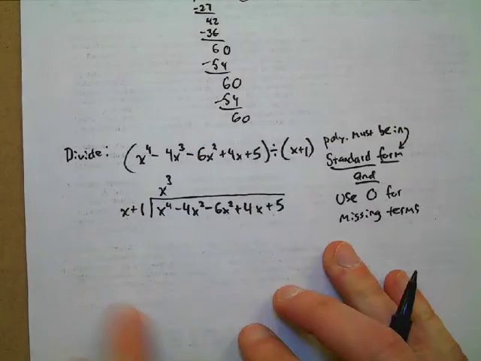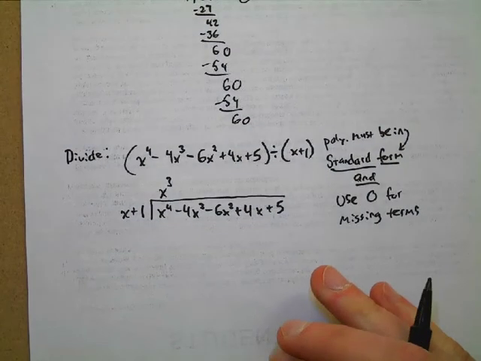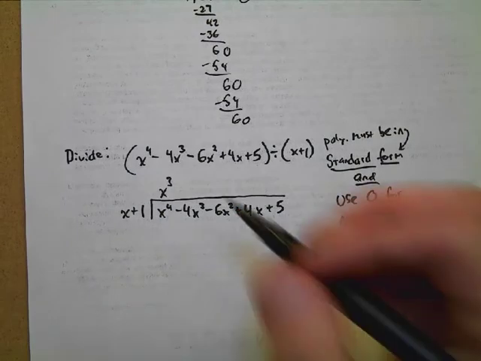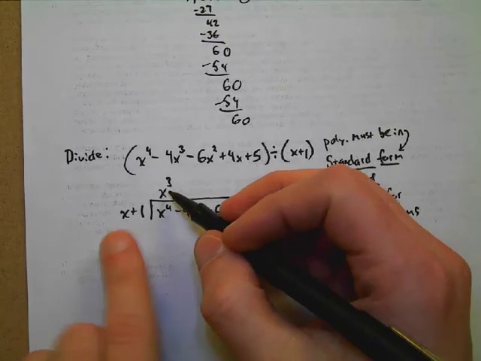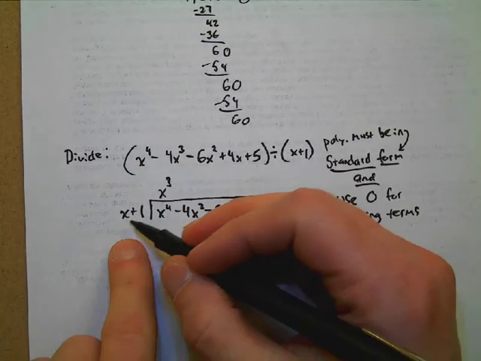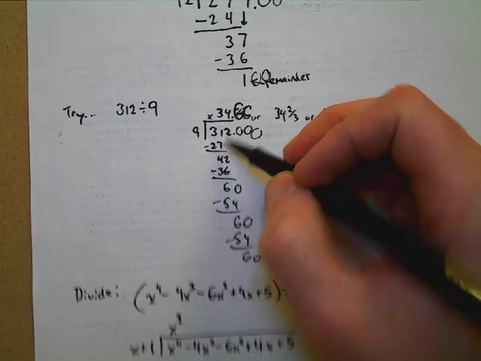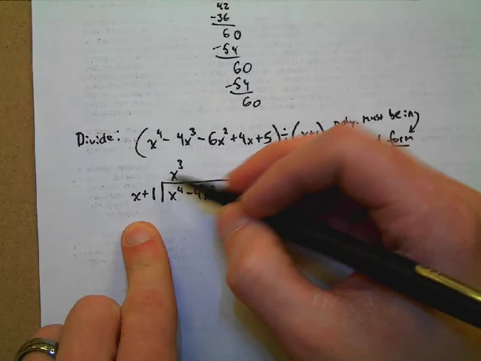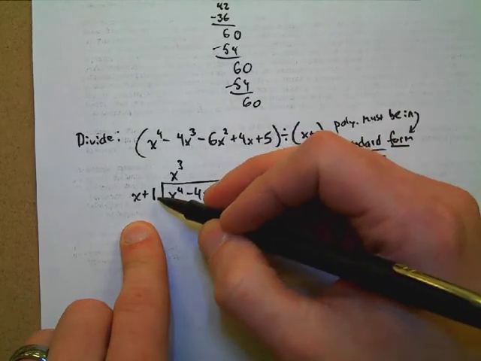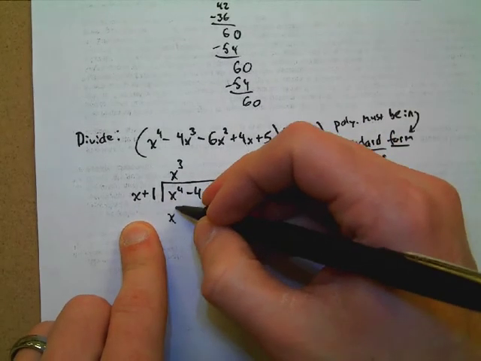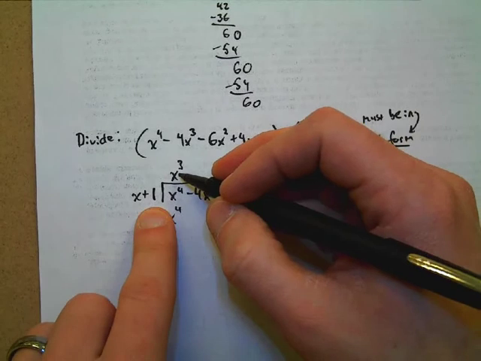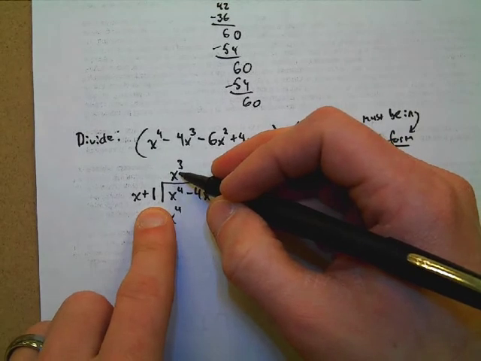So when I take that x to the 3rd, I'm now going to multiply to the divisor, just like we did here. When I picked that 3, it was 3 times 9, we got the 27, right? Here we're going to do x cubed times x and x cubed times 1. So this becomes x to the 4th, and then x cubed times 1 gives us what? X cubed, right? So plus x cubed there.